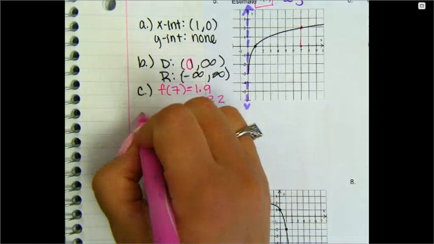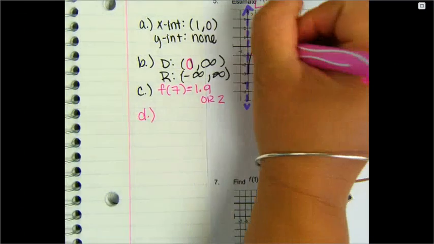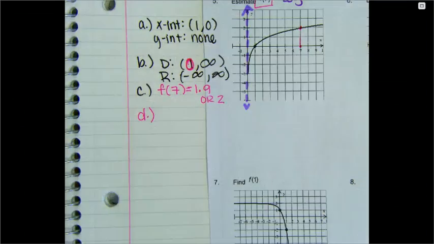Letter D. What's it ask for? Your asymptote. Why do we change it to 0? Because it has to be your asymptote. So our asymptote was 0. So that's why it should be a 0. Make sense? Okay.